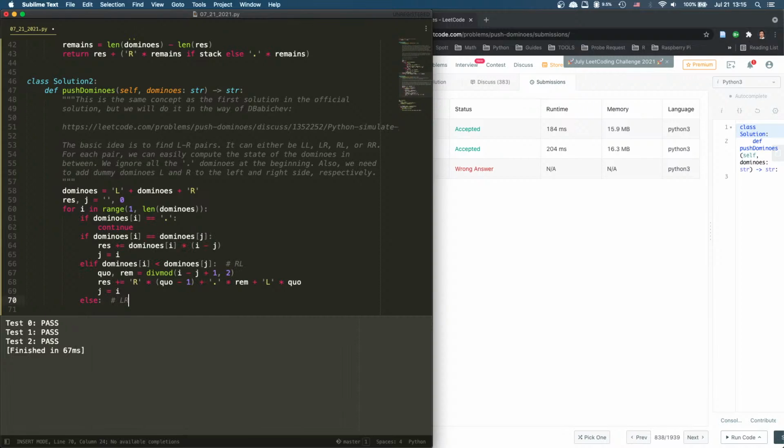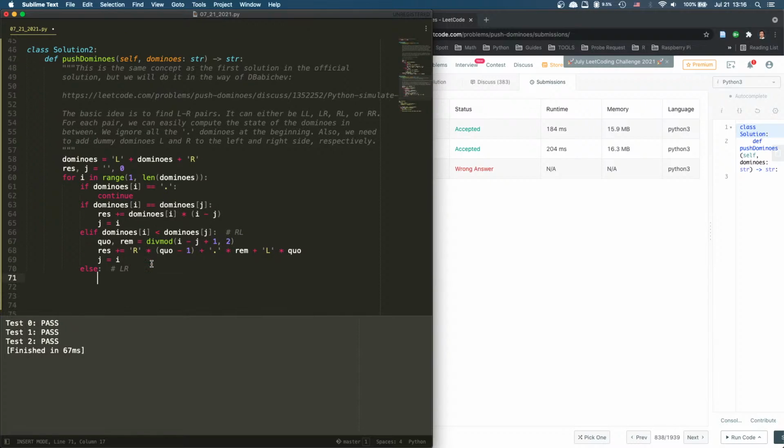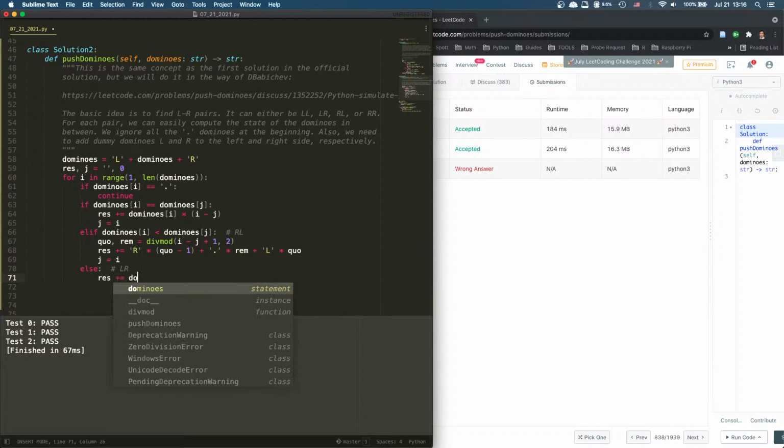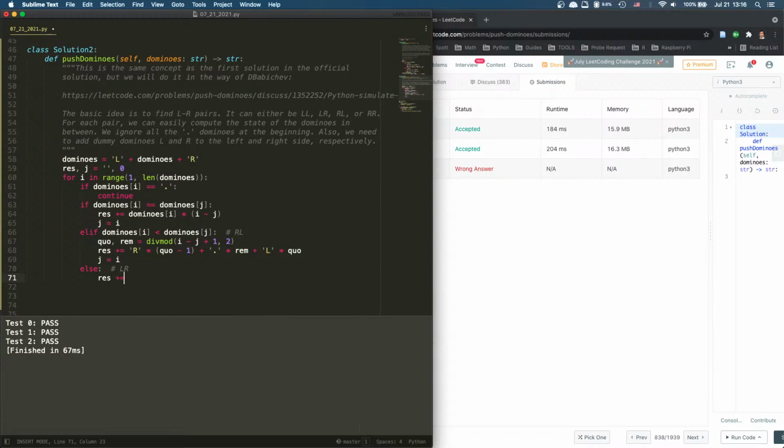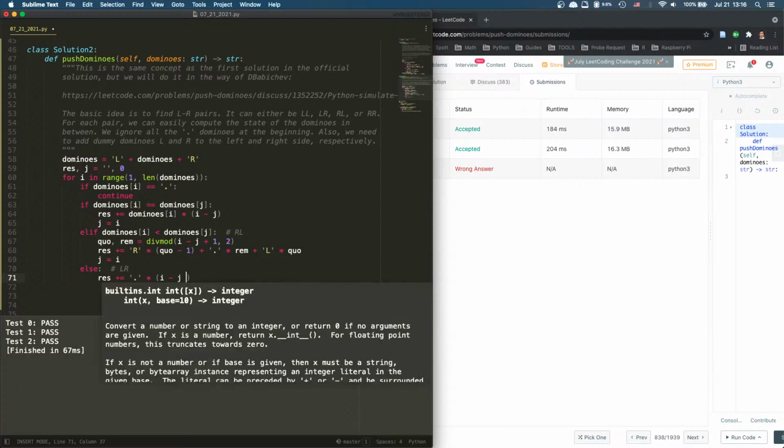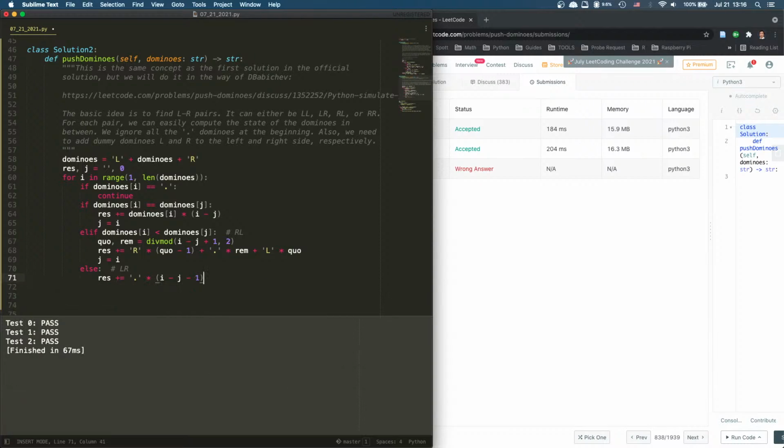So this is an LR situation. If it's an LR situation, then everything in the middle will be dots, right? Which means res plus equal to dot times I minus J minus 1, because we don't include the current one, right? We don't include the current one.